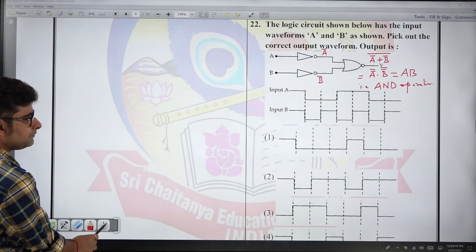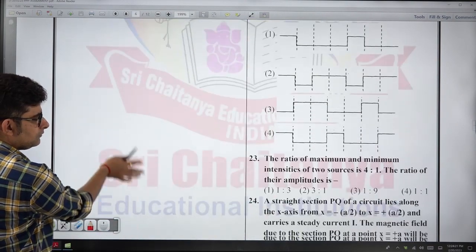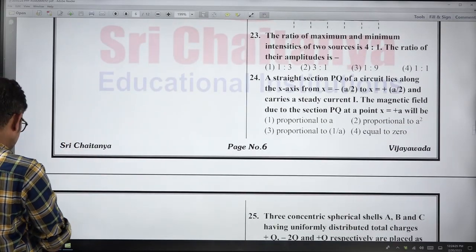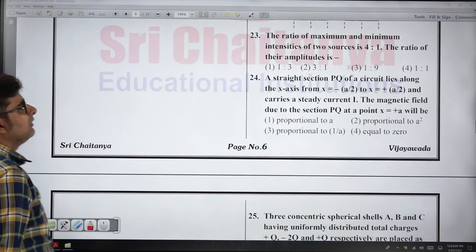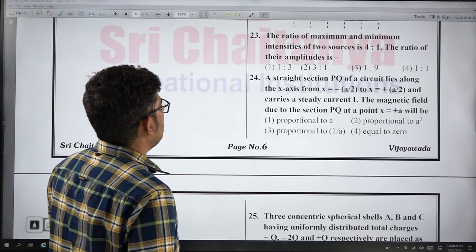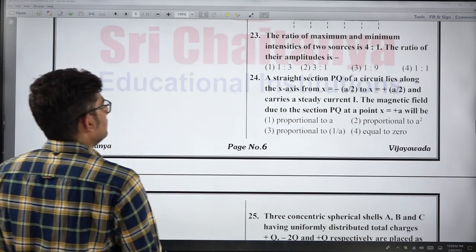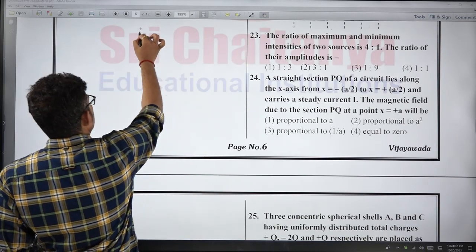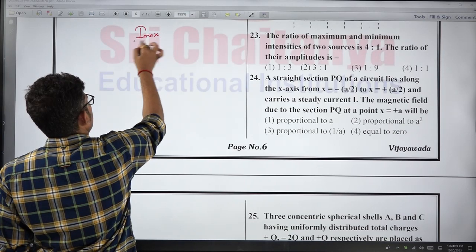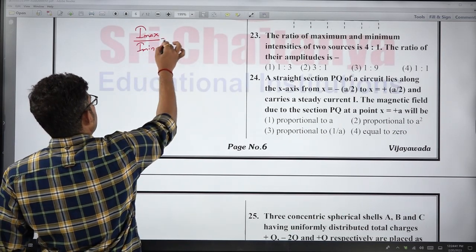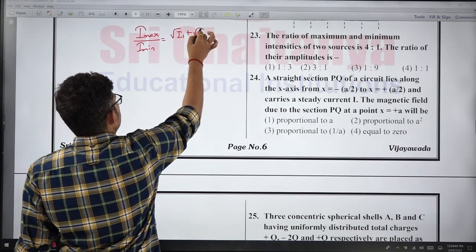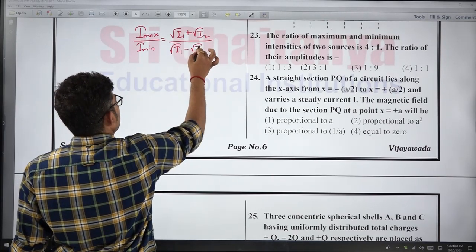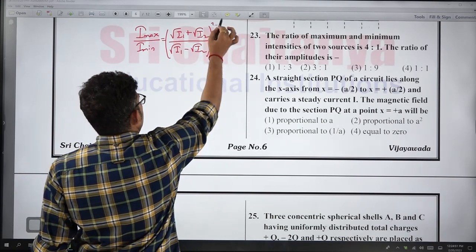Next, the ratio of maximum and minimum intensities is given, and we need the ratio of their amplitudes. So I max upon I min is root I1 plus root I2 whole square upon root I1 minus root I2 whole square.